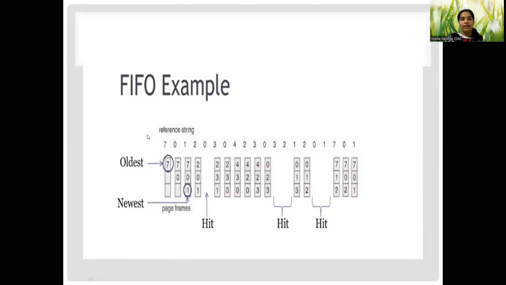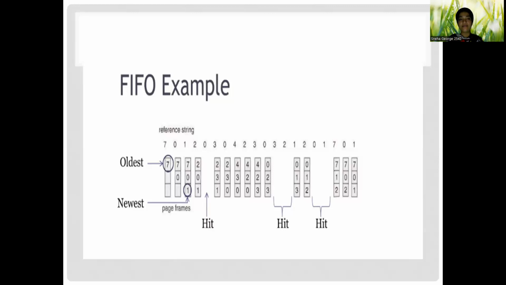For example, if another string is given and the frame size is 3, the page fault is 10, suppose. In another case, if your page frame is 4 and you've given a string, the page fault becomes much more reduced.